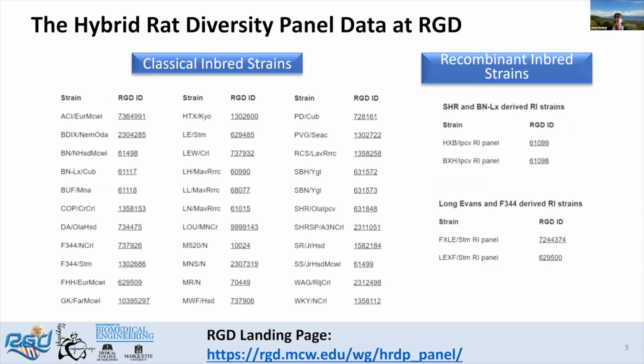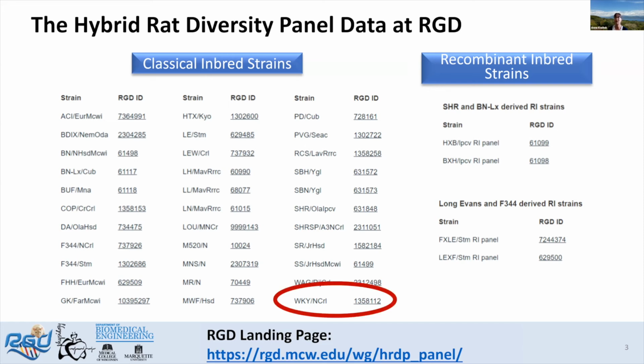RGD has developed a landing page, if you will, for the HRDP strains, and this will be a centralized resource in order to have phenotypes and genotypic data in one place. I'm going to talk about the strains and our work annotating their associated phenotypes, and Monica Tutaj will be talking about the genetic variation in the HRDP strains next.